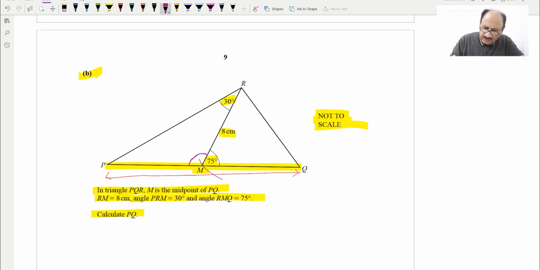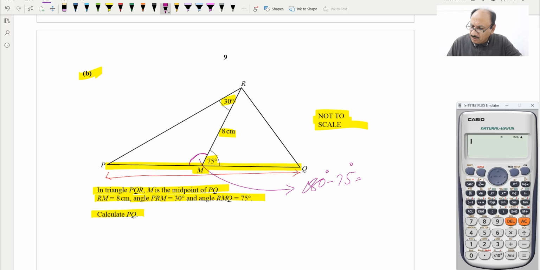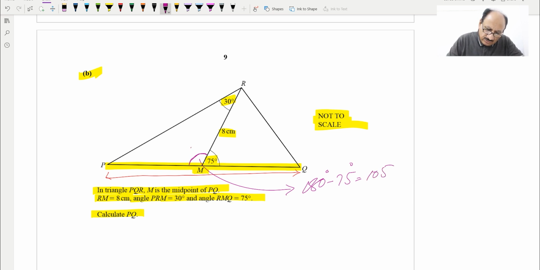This angle will be equal to 180 minus 75 degrees, because angles on a straight line add up to 180. So 180 minus 75 is, 108. No, it's not 108, it's 105. So we can write this as 105.